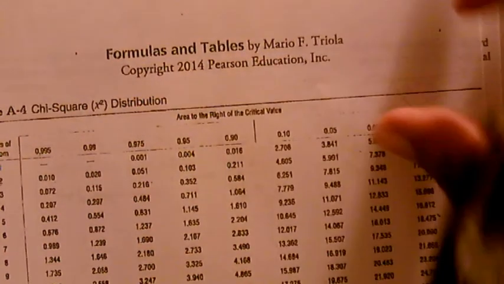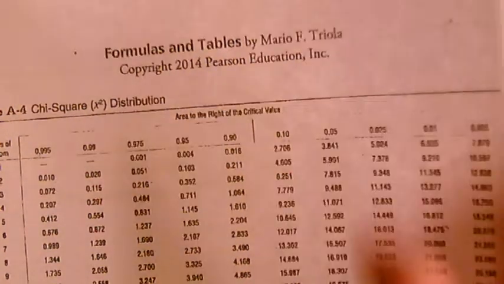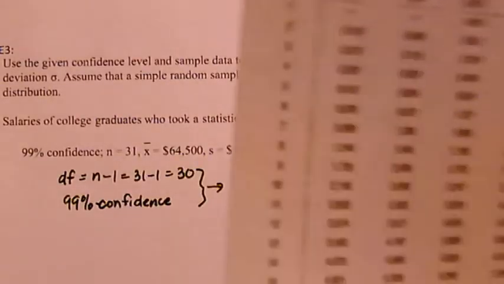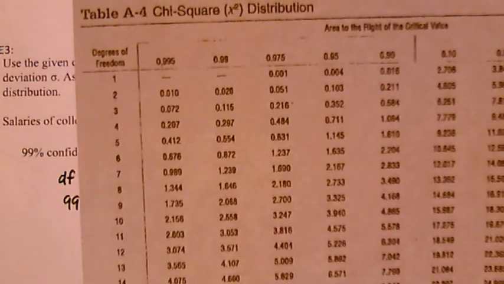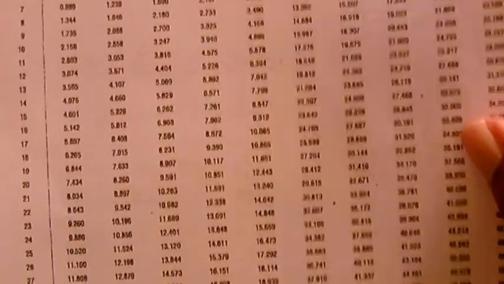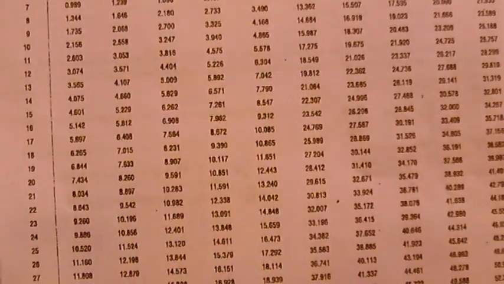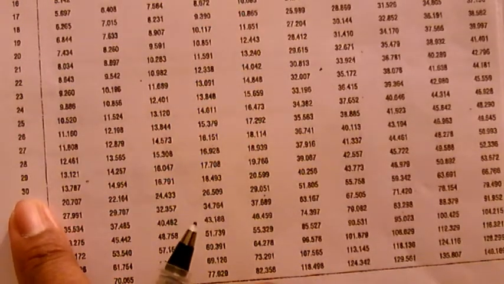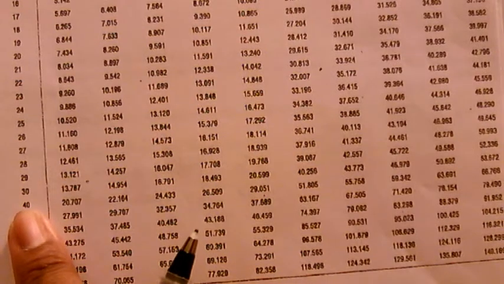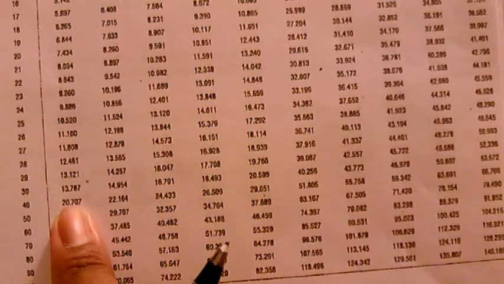And this time our degrees of freedom was 30. So we had 30 degrees of freedom in this case. There we go, 30 degrees of freedom at 0.995. That's going to be 13.787.